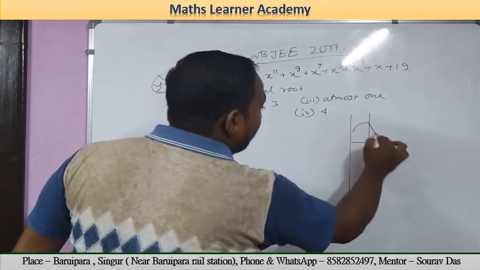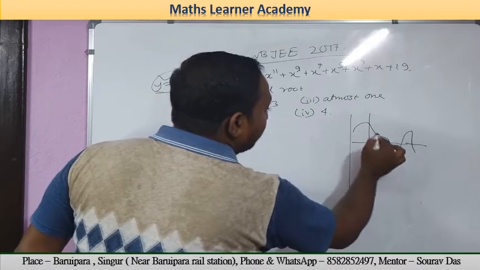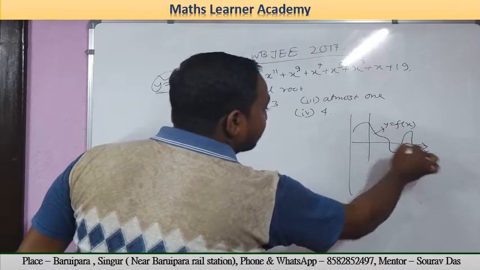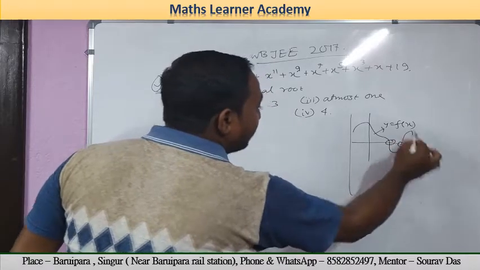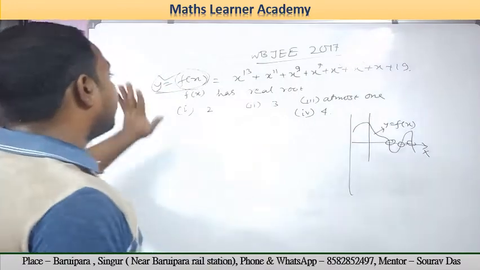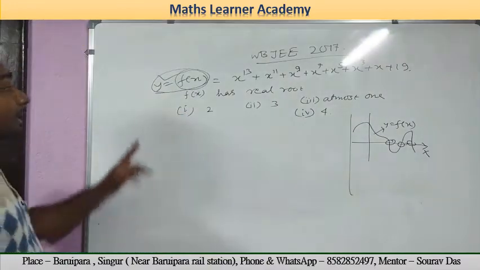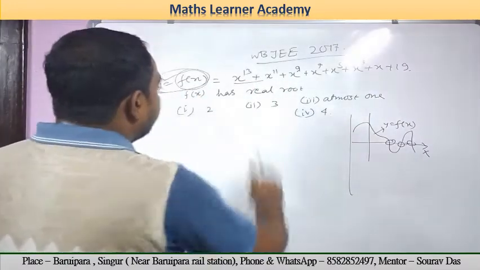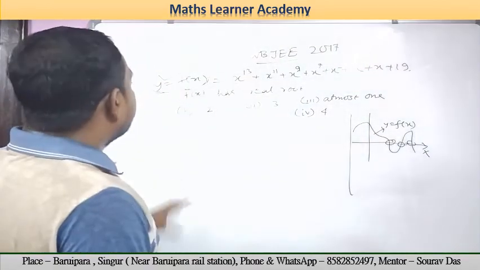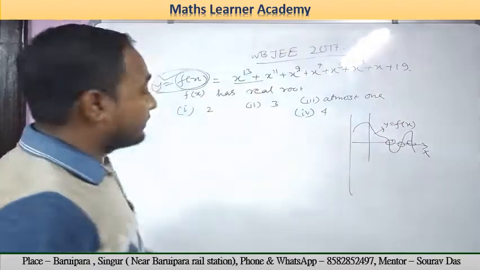Suppose this is our graph, right? Now if this is y equals f of x and this is our x-axis, then these points will be the solutions. So where the graph y equals f of x cuts the x-axis will be the solution of the equation f of x equals 0.